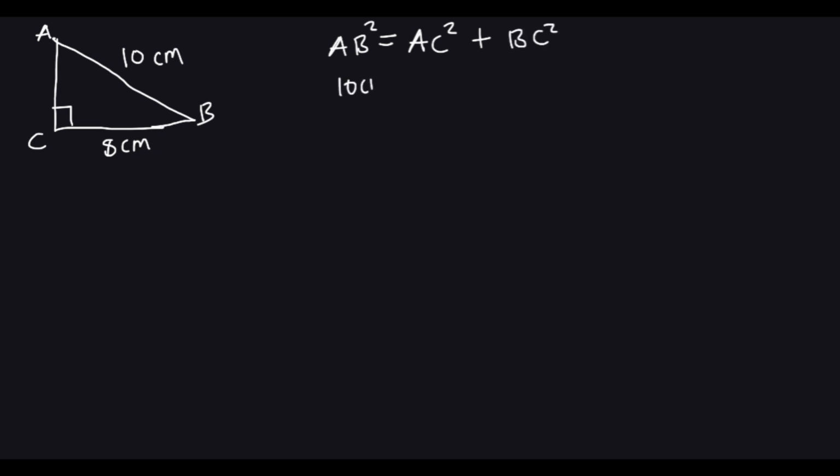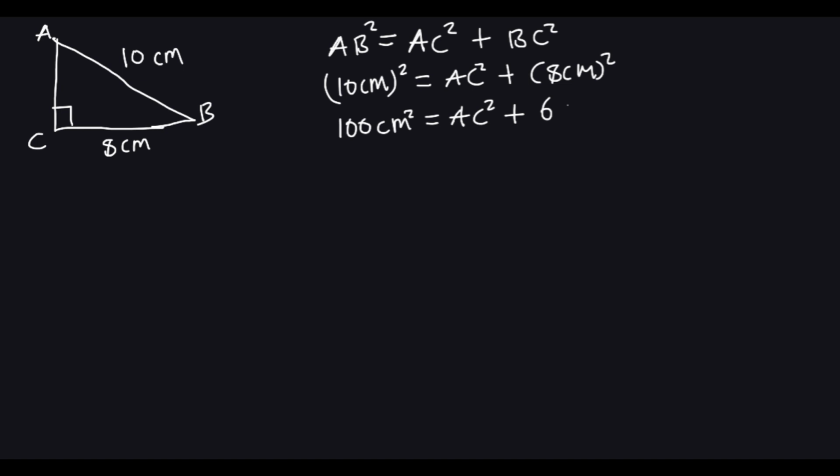AB is 10 centimeters squared. AC is what we are solving for, plus BC is 8 centimeters squared. So 10 times 10 is 100 centimeters squared. Here is AC squared plus 64 centimeters squared.